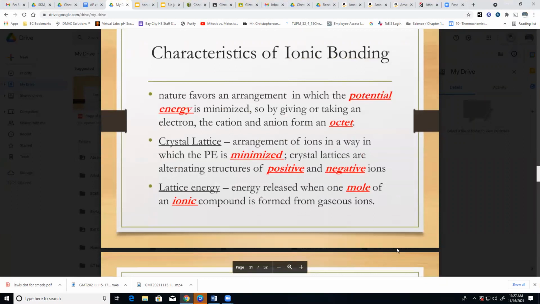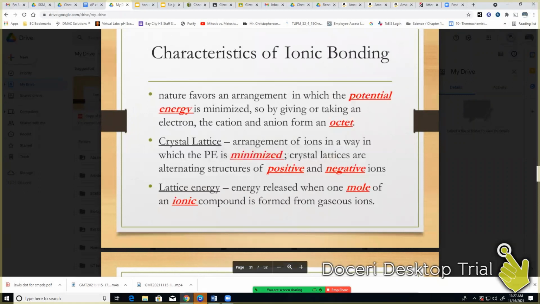Just like with covalent compounds, they're formed because it lowers the potential energy and makes the compound more stable. It's the same thing with ionic compounds. It favors an arrangement where the potential energy is minimized. They form a crystal lattice, so ionic compounds are solid at room temperature.